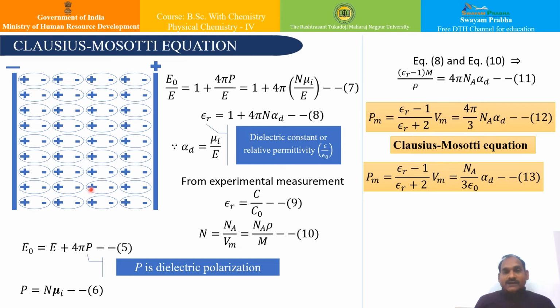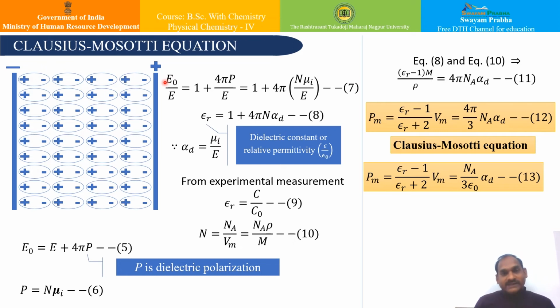Now the electric field strength in the dielectric is therefore reduced to a value, say E, from its original value E0 in vacuum.